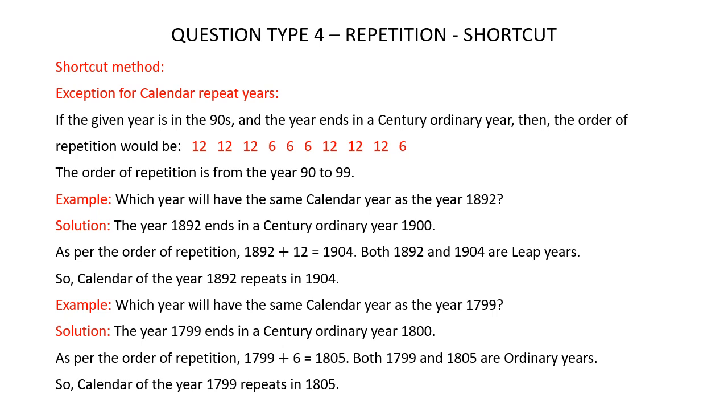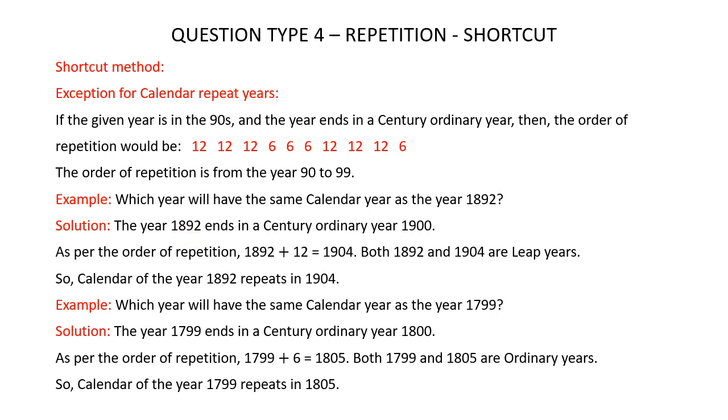Now let's understand this with the help of examples. Look at this example. Which year will have the same calendar as the year 1892? Now, as you can see here, the year 1892 ends in 1900, which is a century ordinary year, because 1900 is not divisible by 400. Now, the given year is 92.